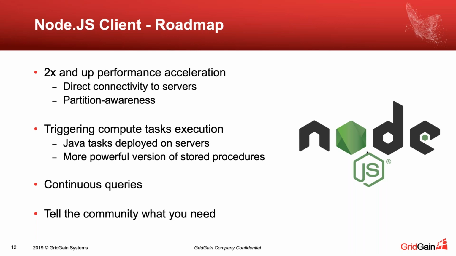At least what we are thinking is that, as long as your server nodes and the cluster are still Java middleware, someone can create Java tasks which will be deployed on the server side, and then from Node.js applications you can trigger execution of those tasks. Think of compute tasks as a much more powerful version of stored procedures. Presently you can code those computations using Java, .NET, or C++. Probably something will be supported for Node.js, but first of all, as I said, we are waiting for feedback from the practitioners.